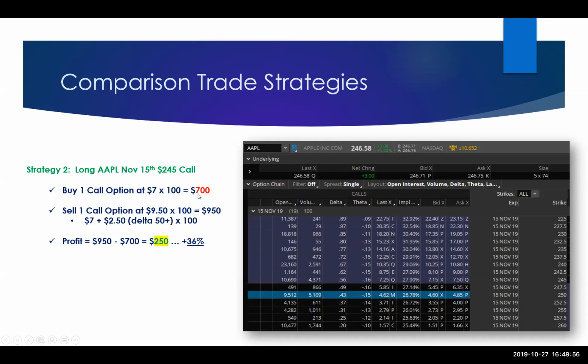So look at that discount. So now I only paid $700 and I made $250. In the previous scenario, I had to pay over $24,000 just to make $500. This is the beauty of options, right? You can significantly discount. You put so much less capital to make the same amount of money or even more many times than if you had to put out tens of thousands of dollars. Now let's look for an even deeper discount.